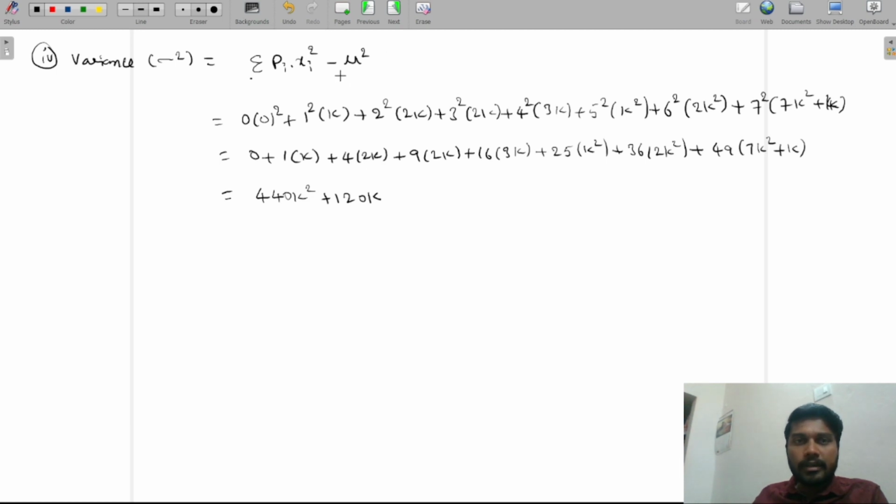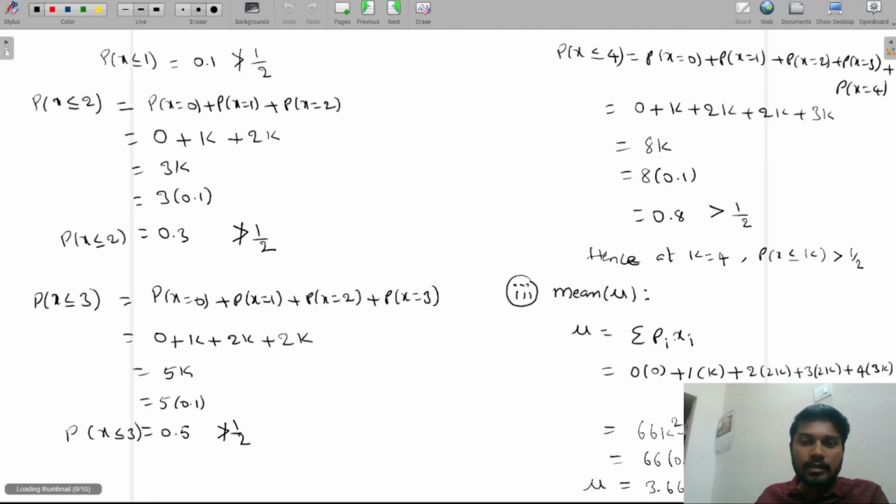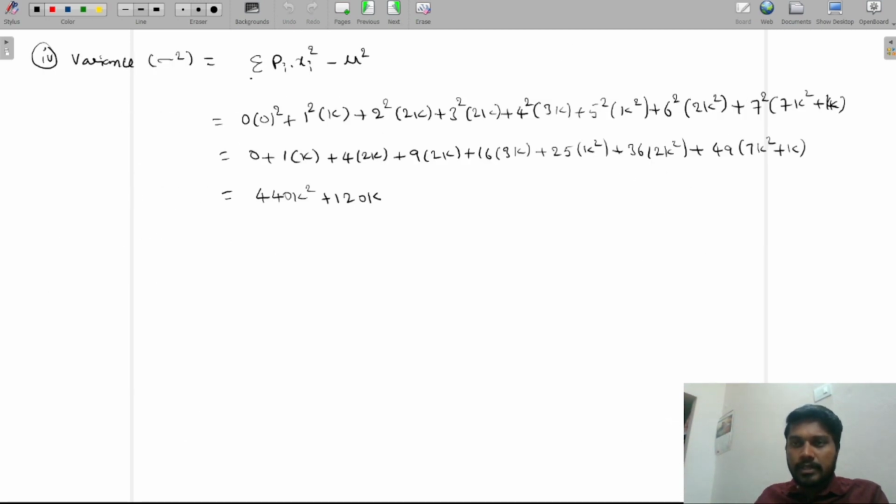Okay, I forgot here, in the formula I have minus nu square, yes or no? So what is the value of nu? I had 3.66, right? So minus 3.66 whole square.